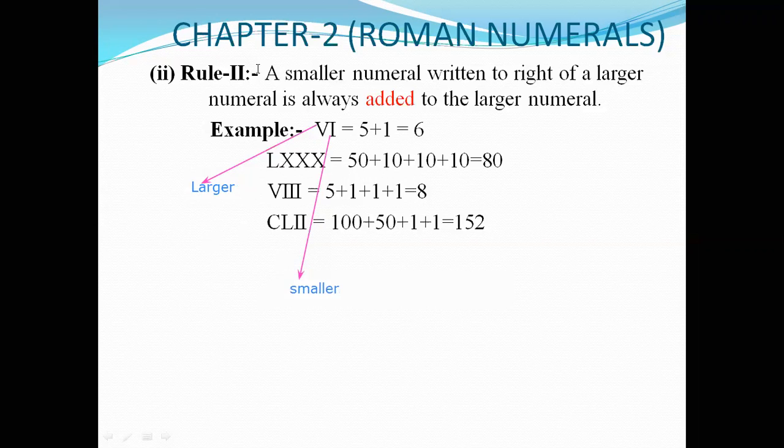According to this rule, V and I: I is the smaller, and it is placed on the right side of the larger numeral. V is the larger and I is the smaller. Then what will happen? Always add it. V represents 5 and I represents 1. When we add them, we get 6. In this way, VI represents 6.